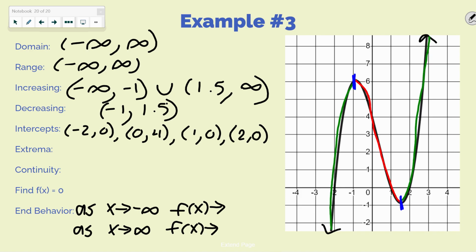Let's talk about our extremas. What do you guys in the front middle table think for extremas? The relative maximum of -1 and 6, and the relative minimum of 1.5 to -0. And you guys said relative minimum at 1.5.